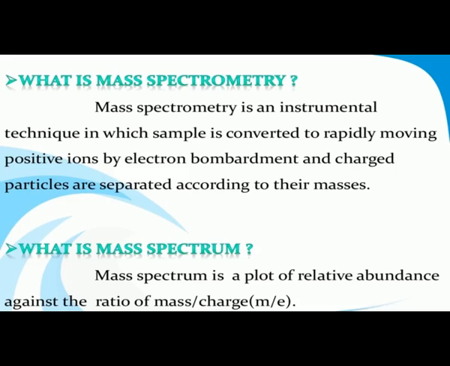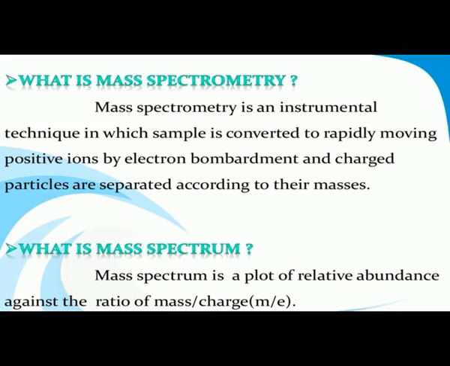Now we will see mass spectroscopy. What does mass spectroscopy mean? This process is an analytical technique used to quantify the compounds within a sample, to illustrate the structure and chemical properties of different molecules, and it deals with the molecular weight of the compound.